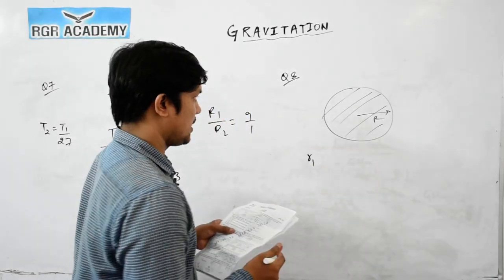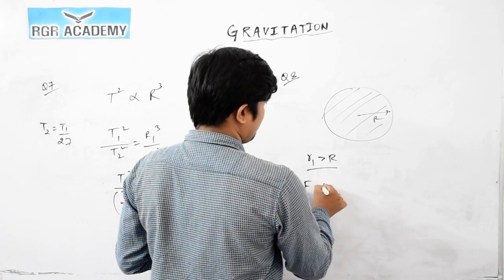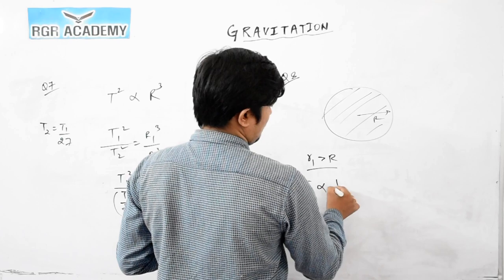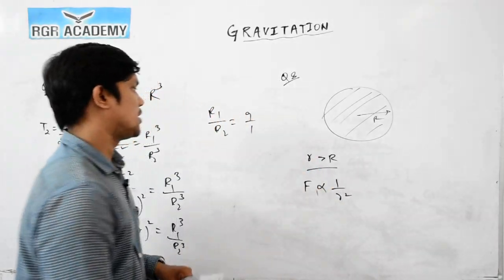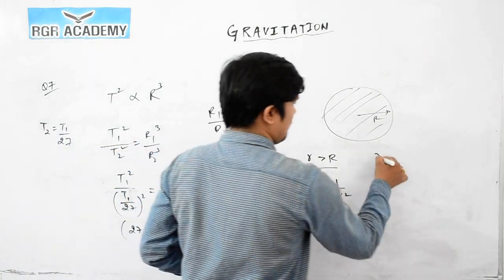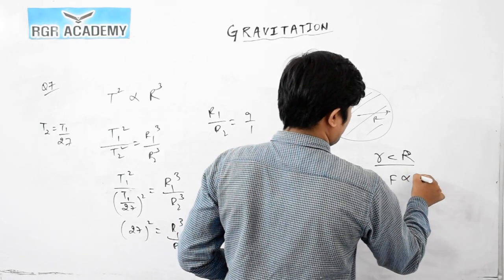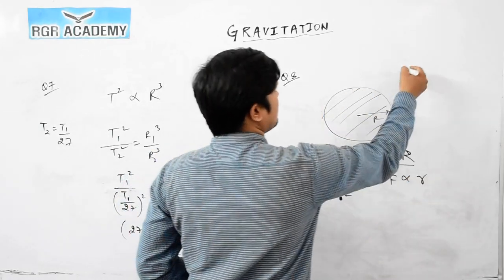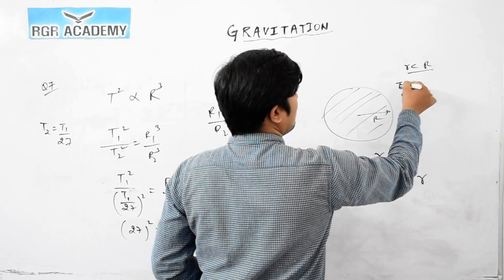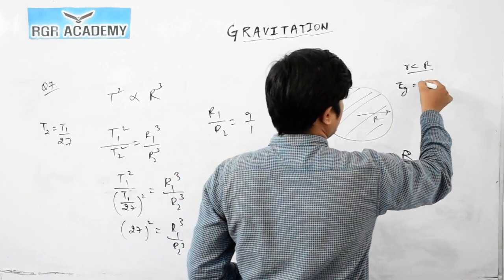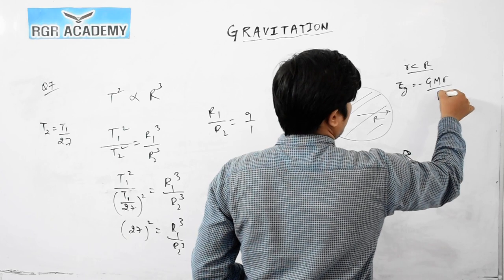If r is greater than R, force will be proportional to 1 by r square. If r is less than R, force will be proportional to r, because for any inside point, the gravitational field intensity is minus GM into r by R cube.